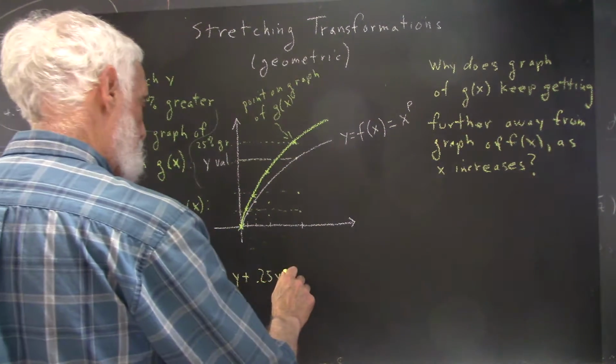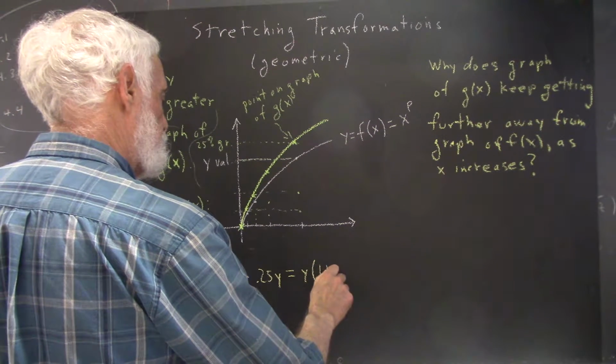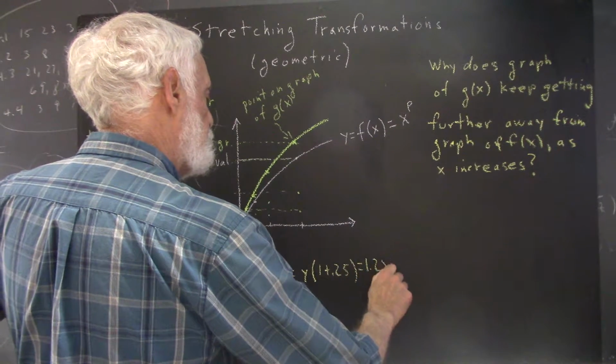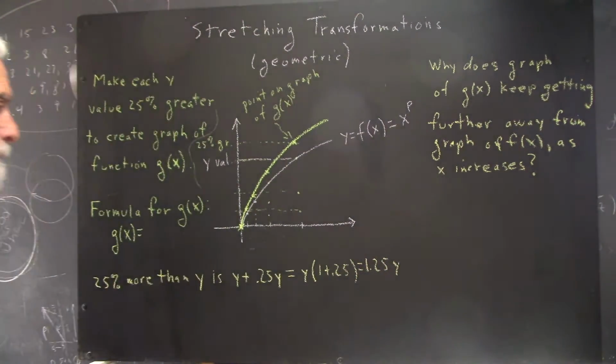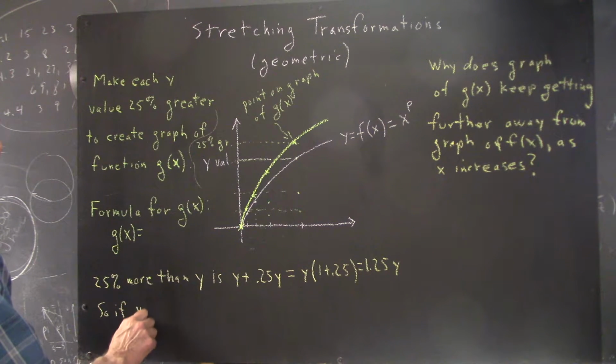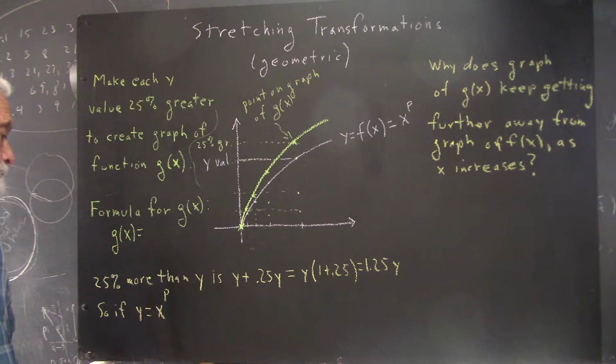And that equals what? Well, we could factor out y, and we get 1 plus 0.25. So that's 1.25y. Okay, so if y equals x to the p, and I don't want to say it that way, I'm going to do something I don't like to do much of, which is make a correction in front of the camera.